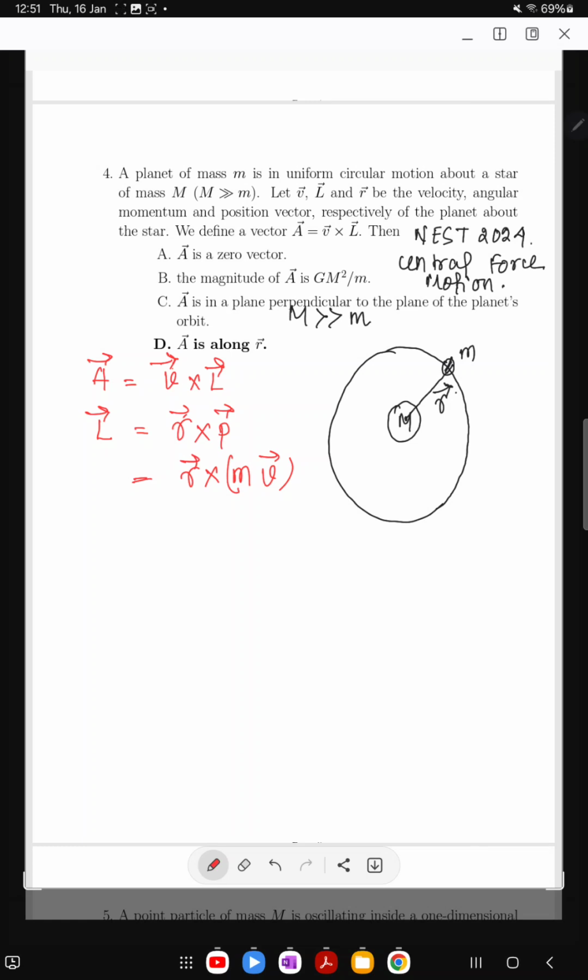As we know, under central force motion the velocity of the planet will be tangential in nature, so it is perpendicular to the radius vector r. It is always in the tangential direction, and the angle between the r vector and the V vector will be 90 degrees.